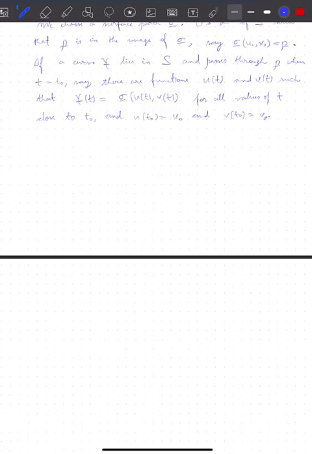Of course, the functions u and v are smooth, and this implies that the mapping from t to (u(t), v(t)) is also smooth.